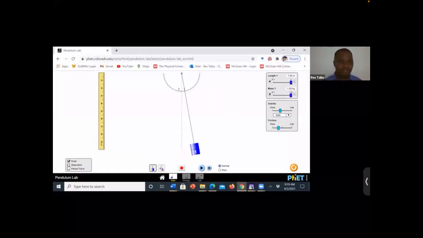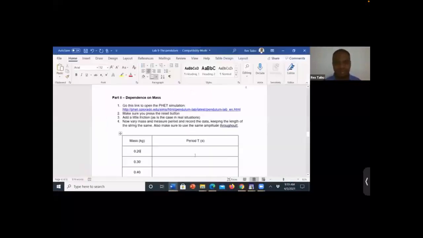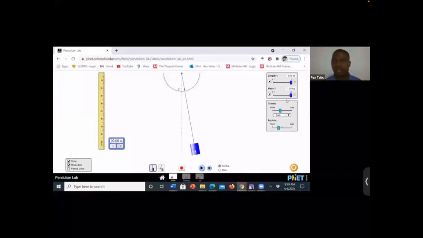Let's take our stopwatch, and we are starting from the mass of 0.20. Okay, there. Then let's start the watch and start this at the same time.